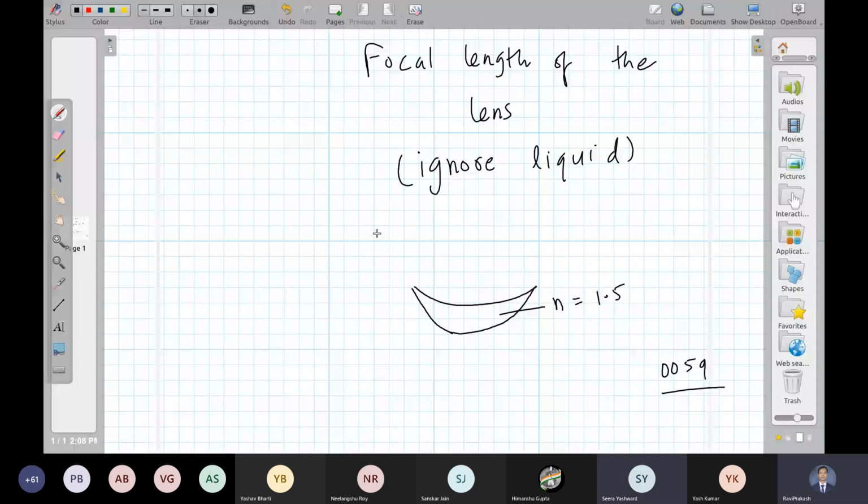How will you solve this problem? I'm very sorry, sir. How will you find the focal length of this lens?